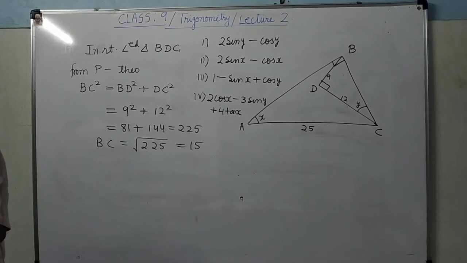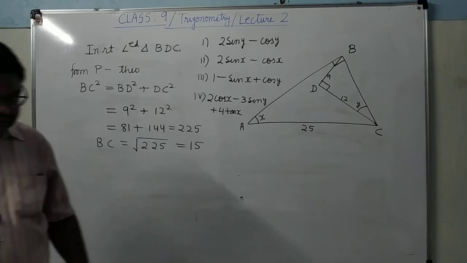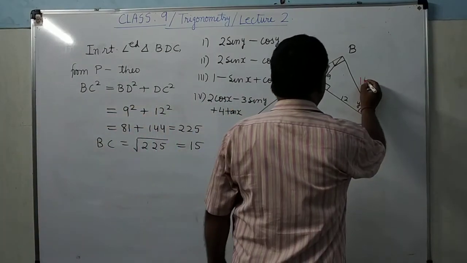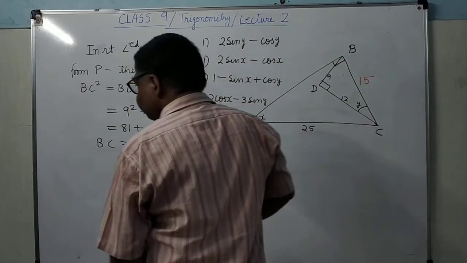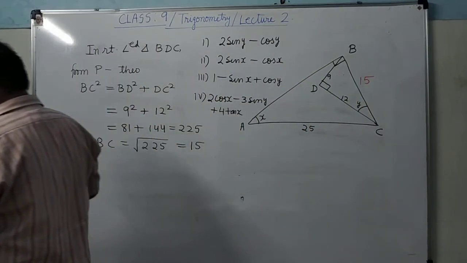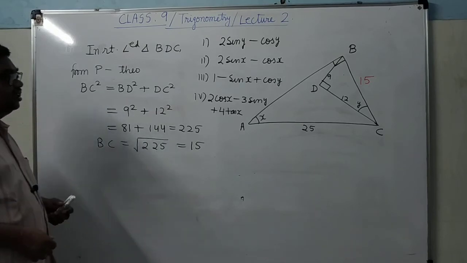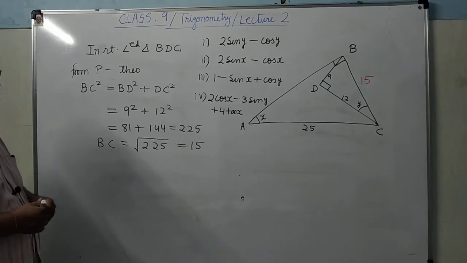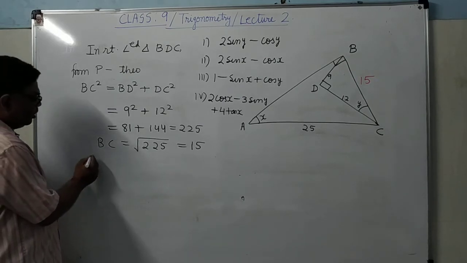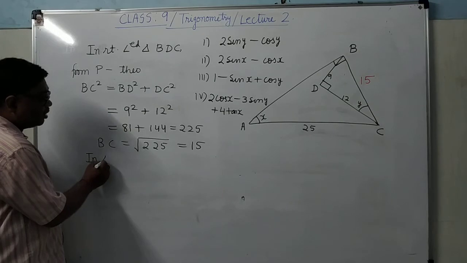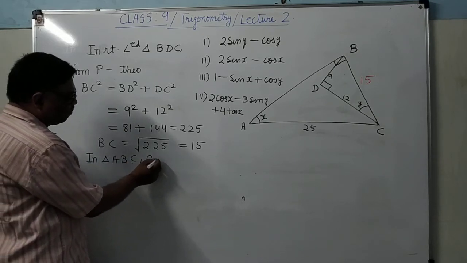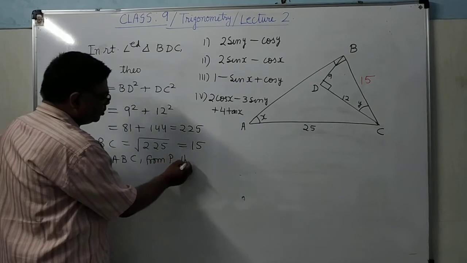You take the blue pen. This is 15. It's clear? After determining this, what will you do? You can see now two sides of triangle ABC are known. One is AC and other is BC. So you can find AB in triangle ABC from Pythagoras theorem.